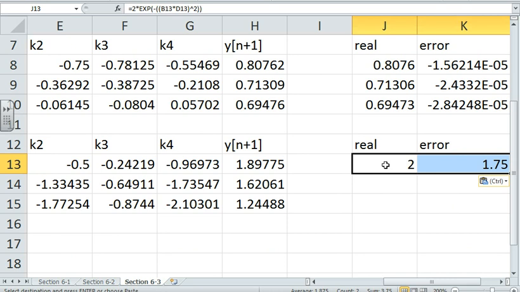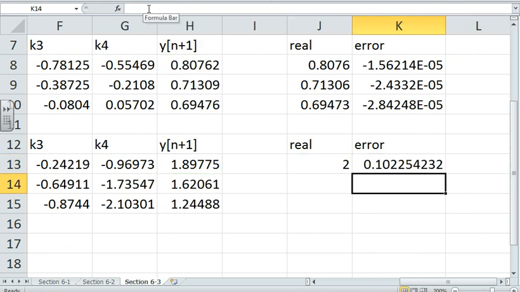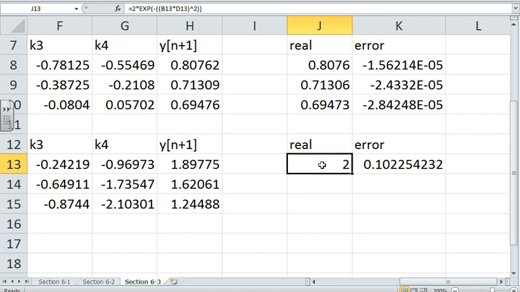And that doesn't look very good, does it? Now we know the error is wrong, so the error should be J13 minus H13. We know that. And this is supposed to be 2 times E to the X.